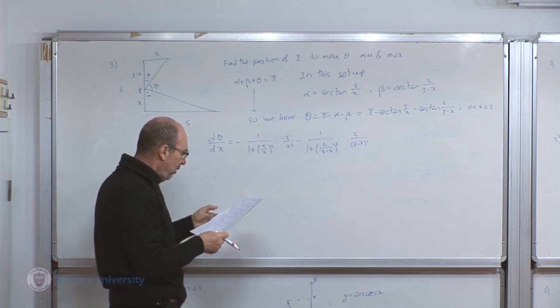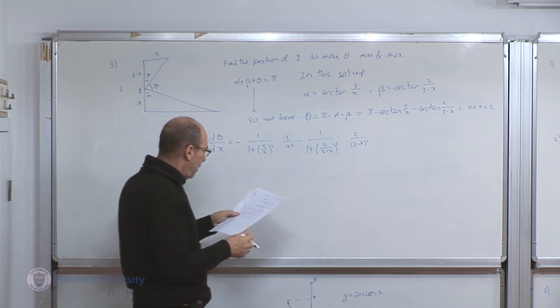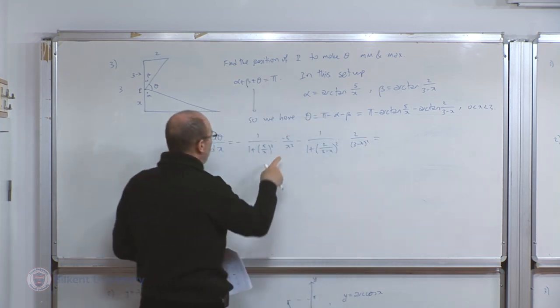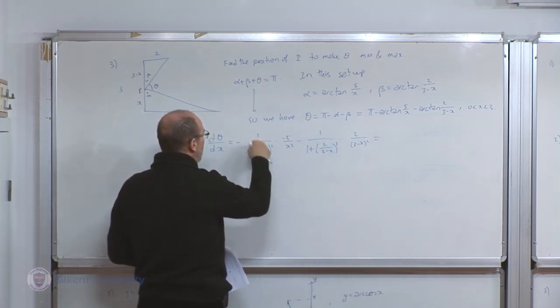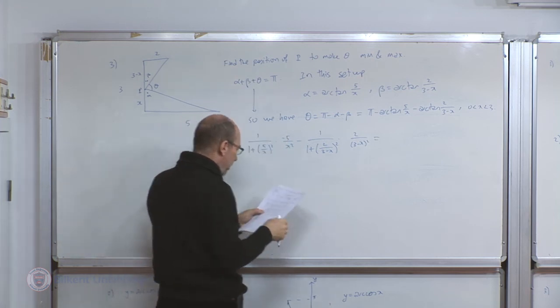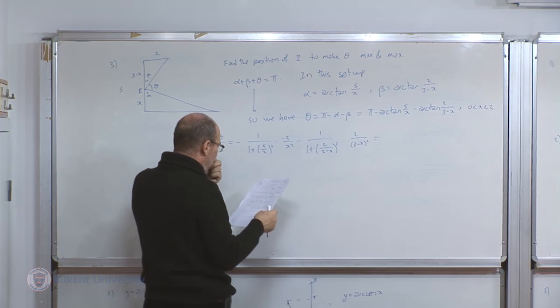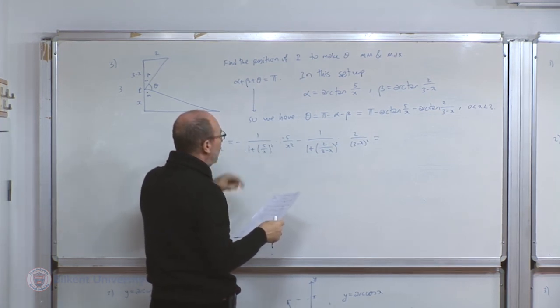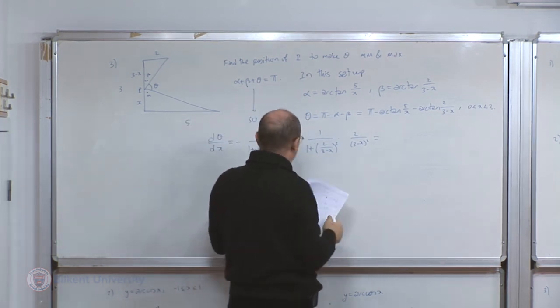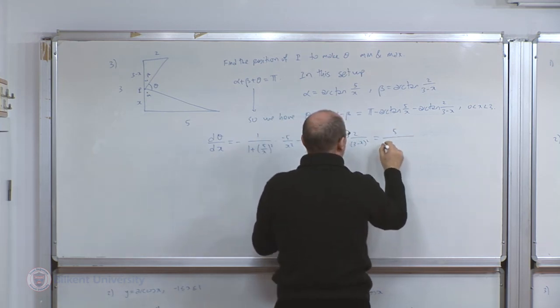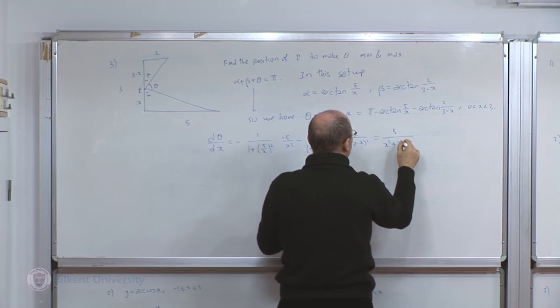So to save us time, let me simplify it. Here you see I have x squared here, x squared comes here, those x squares cancel, etc. This minus cancels with this minus. So the first expression is plus, this is 5 over x squared plus 25.